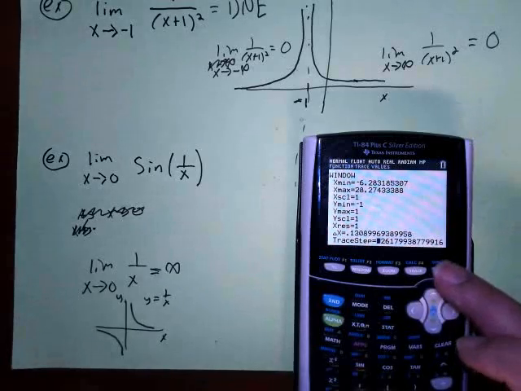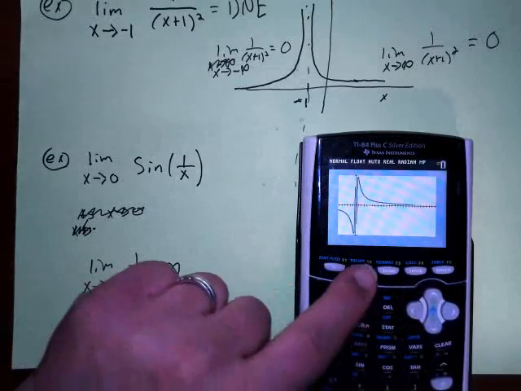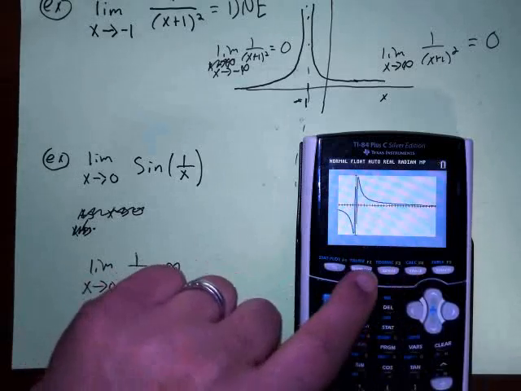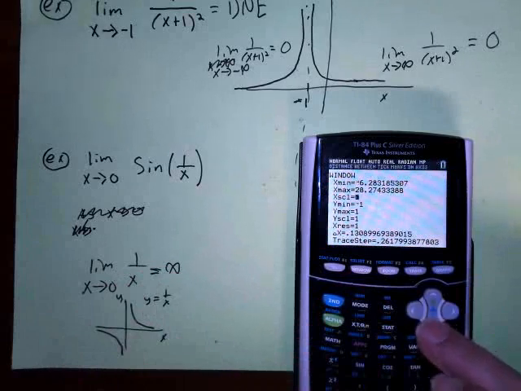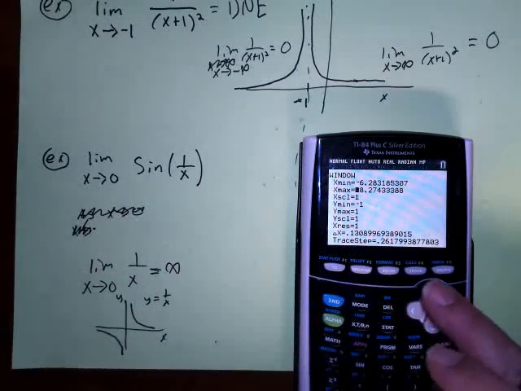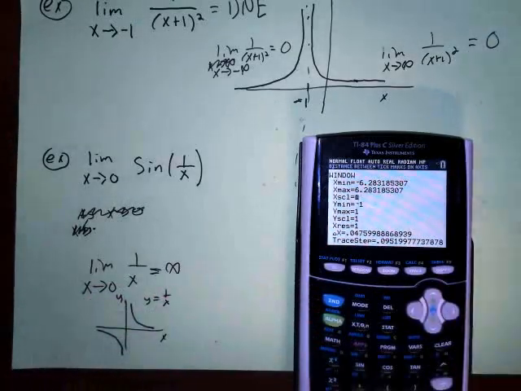That should be small enough. And now let me graph. Ooh. Boy, it gave me a whole lot over there. I think I didn't do 2 pi. It went to 10. So let me go back, and this should be positive 2 pi. There we go. And now let me graph.